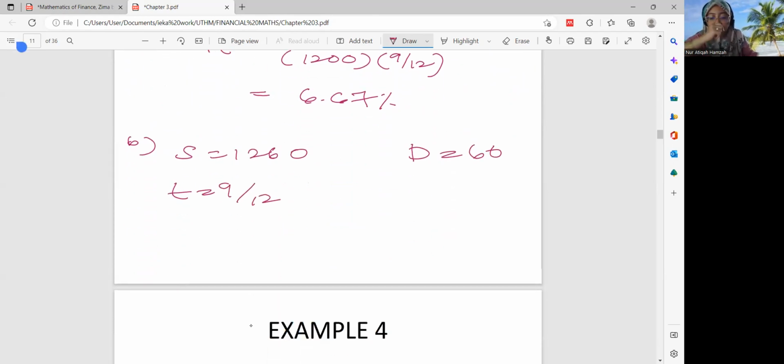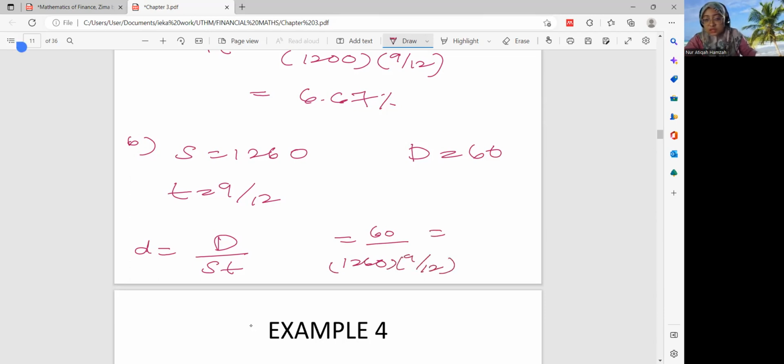So D is equal to I over ST. So we have 60 over 1,260 times 9/12. So the final answer is 6.35%.